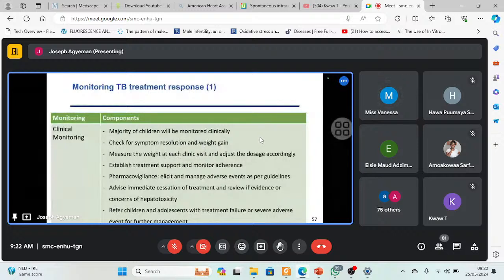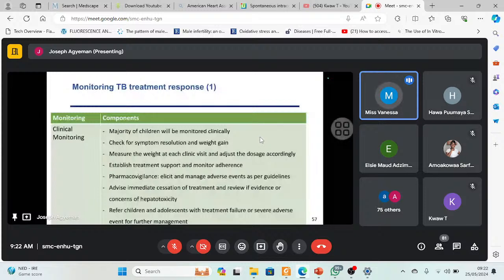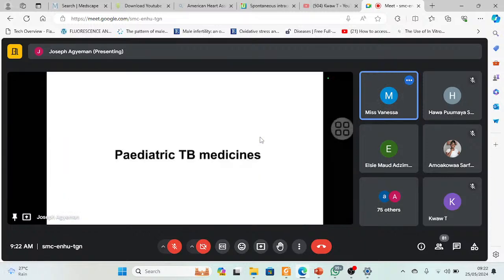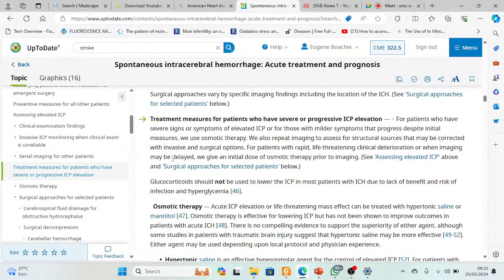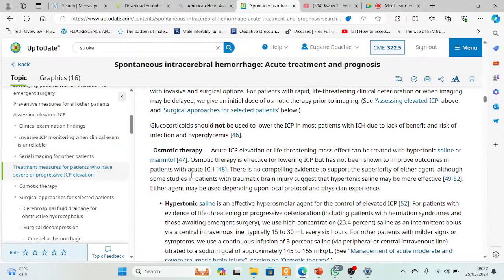Yeah, hello? So please, could you explain the slide with the extrapulmonary TB, how to manage that? No, they are saying that when somebody comes, and even if it is pulmonary TB, but you are having the resistant type that is extensive, or somebody comes with severe form of extrapulmonary TB, that one is not about going strictly by guidelines.